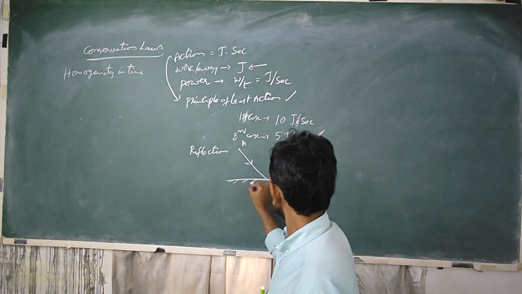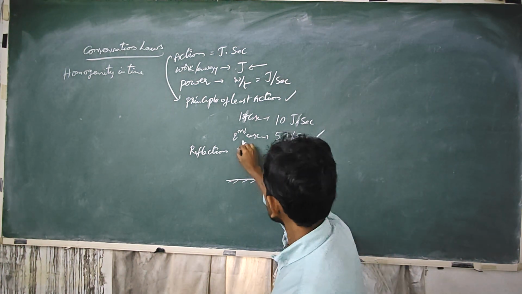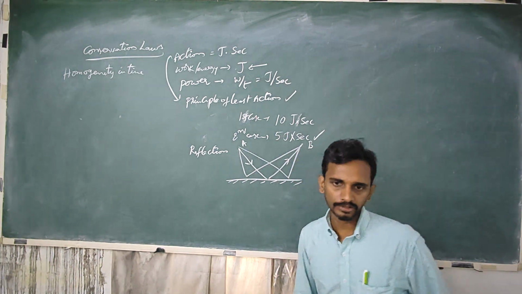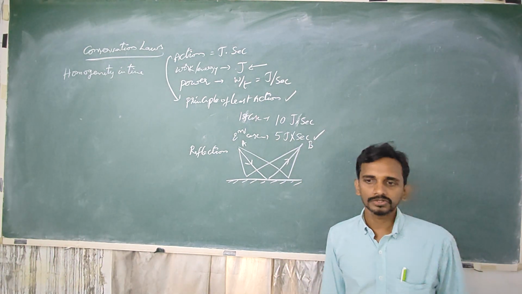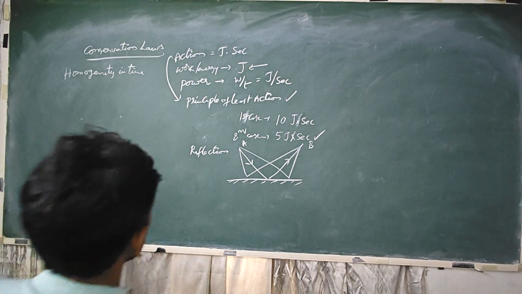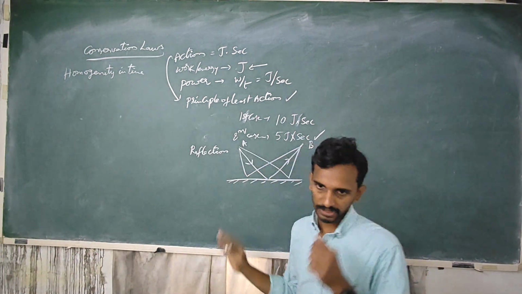This is one possible way, this is another possible way. There are different possible ways. Which one should we choose? There are 3 possible ways for the time being.